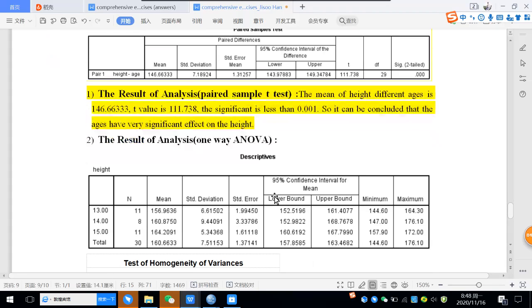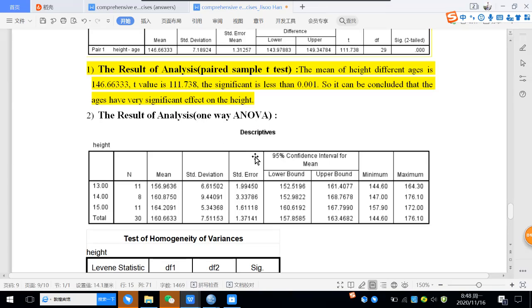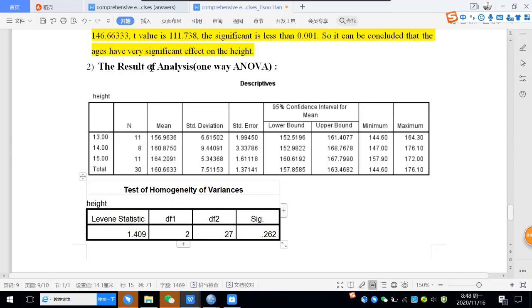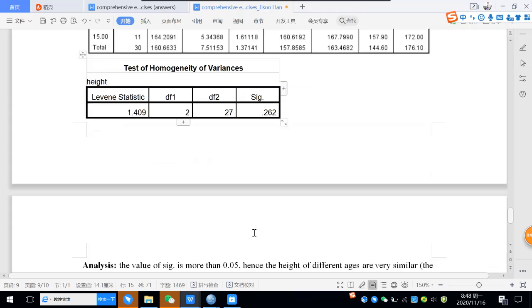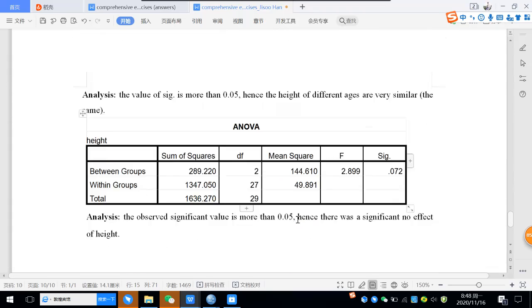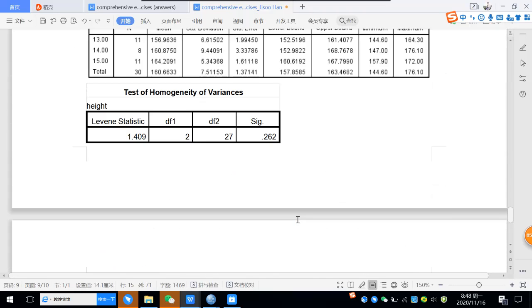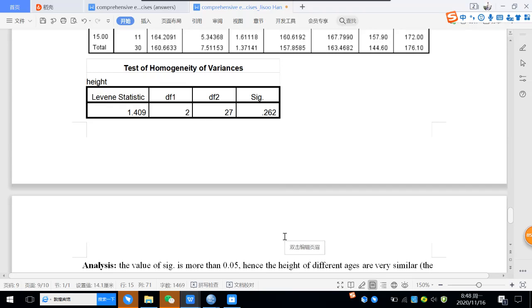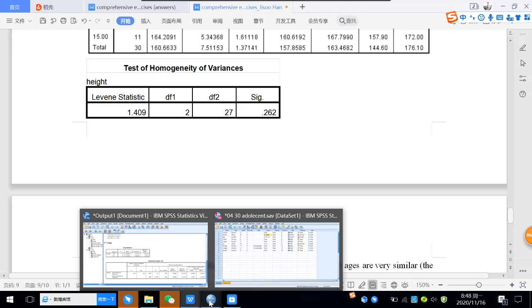Okay. We see. One-way ANOVA. Yeah, this part is correct. This part is correct. Okay, I'll show you.